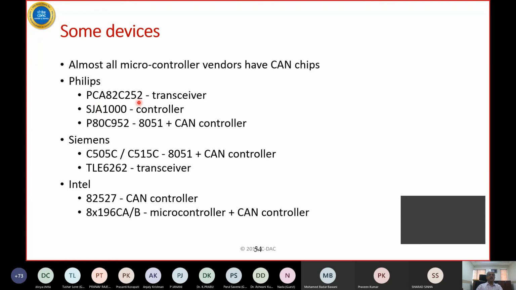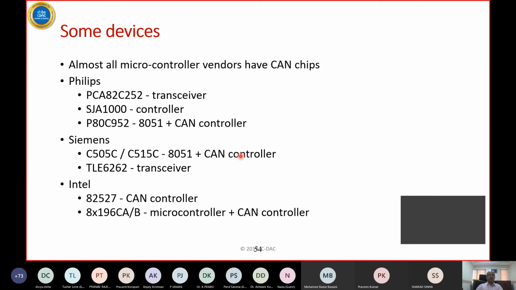These are the controllers. These are the transceivers, individual chips. But you also get a standard architecture like the 8051 with a built-in CAN controller, or Siemens has an 8051-based controller with a CAN controller.